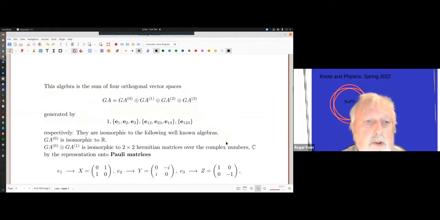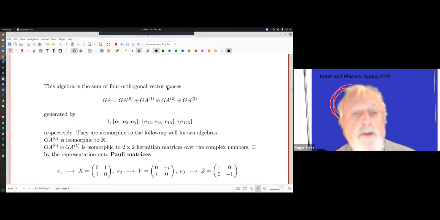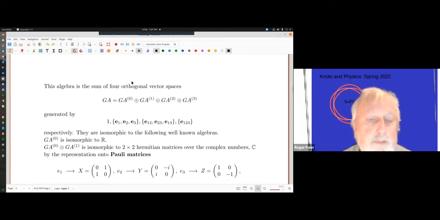So we've got 4 orthogonal vector spaces. By orthogonal, they are orthogonal under the dot product. So it's GA0 plus GA1 plus GA2 plus GA3. And they're generated by, well, obviously GA0 is R. We're assuming that the underlying field is R, and then we've got E1, E2, E3, and then their products.